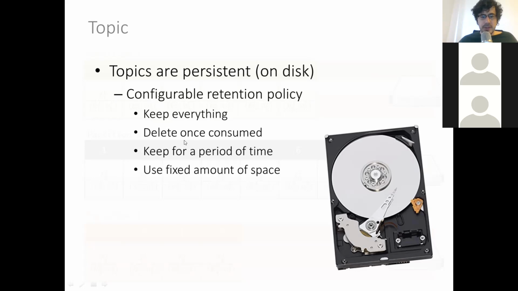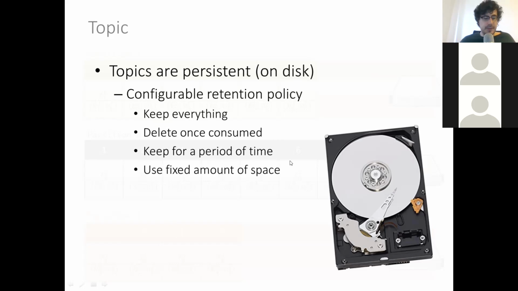Another option is to delete once consumed. So once some consumer has read a record, that record can be removed. This would be the other extreme: get rid of it as quickly as possible. Another option would be to keep for a period of time.